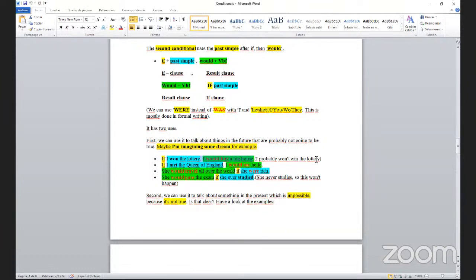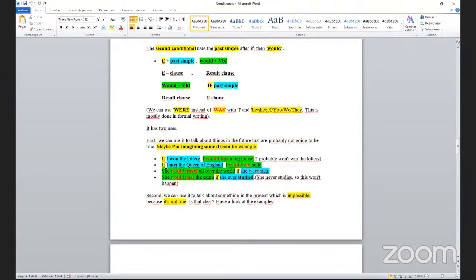Or maybe I could do it, but it is something more impossible than real, okay? So in this case, you can see here the simple past, and you can see here would only with the verb in base form.